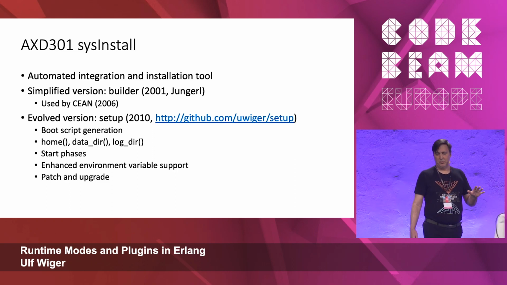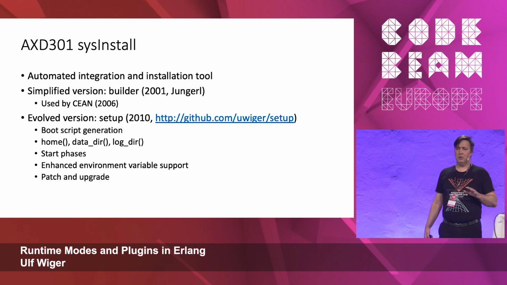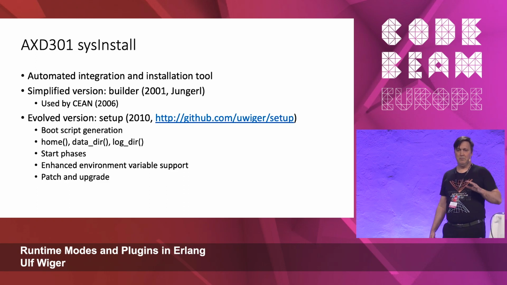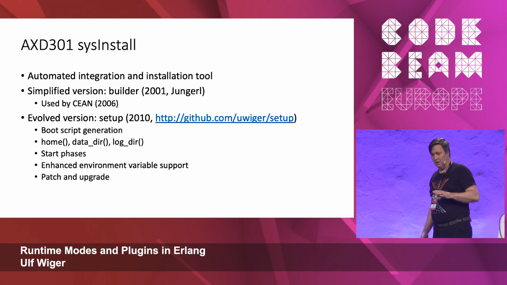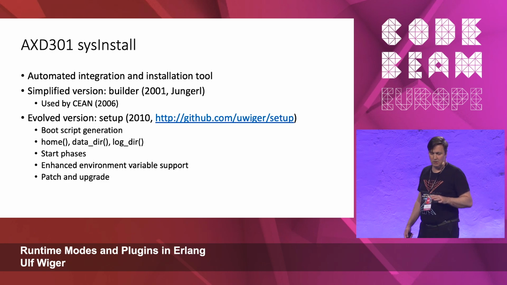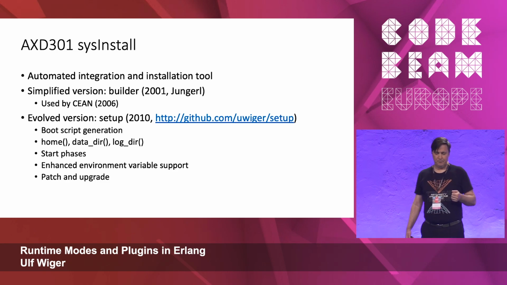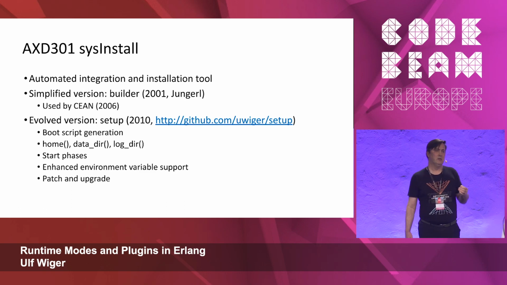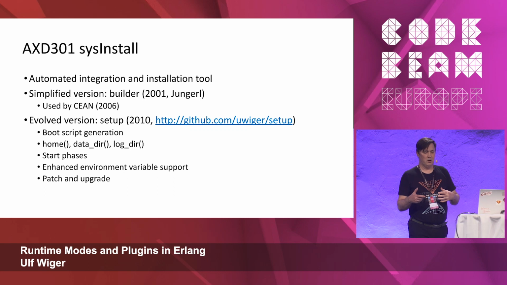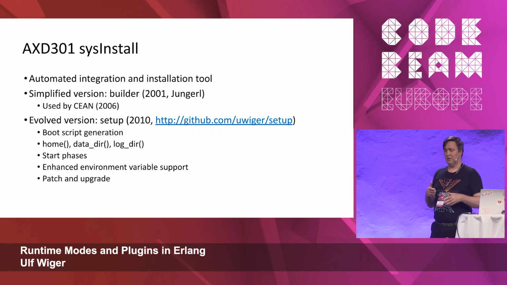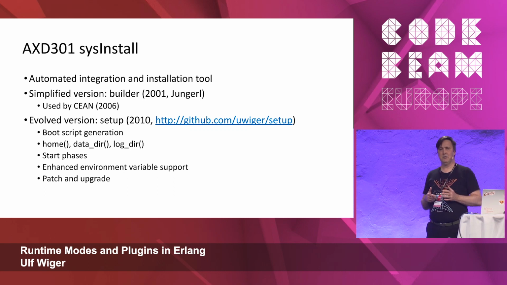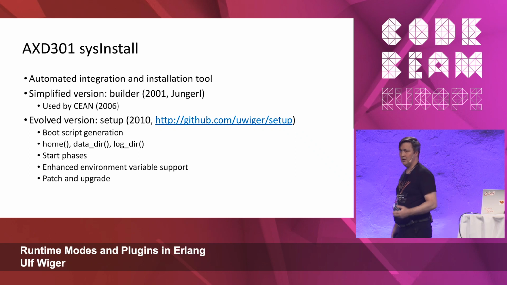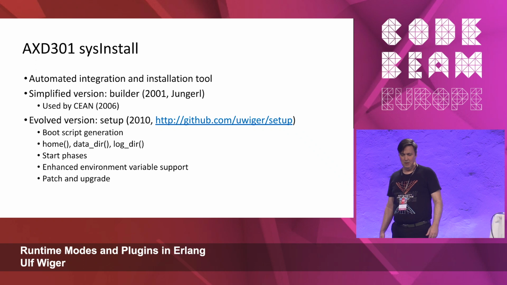CIAN, which was the comprehensive Erlang archive network made by Michael Raymond in 2006, and Process One, was actually using Builder. In 2010, Tino Bredin and I wrote sort of a slightly modernized version of this, and we were using it in the Vocalink faster payment system prototype that we were working on at the time.